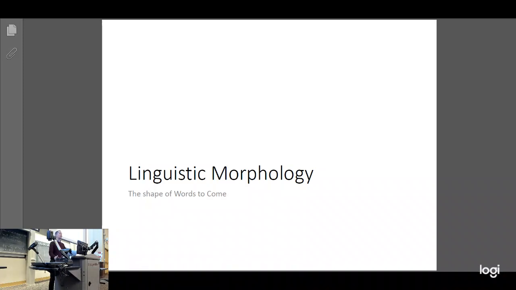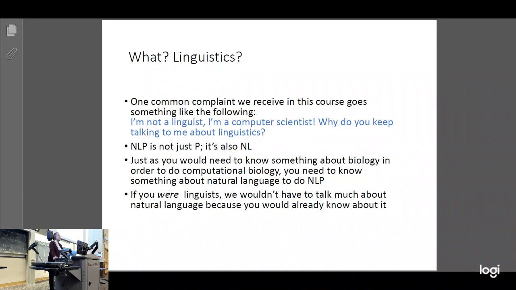Now, this is actually a common complaint we get. People will come into this class from computer science backgrounds and say, linguistics? Why are you talking to me about linguistics? I'm a computer scientist. I don't need your linguistics. But the fact is that NLP is not just P. It's also NL. And the NL part comes from linguistics.